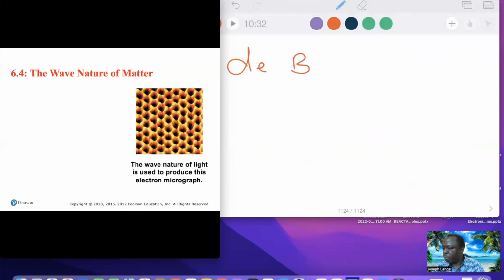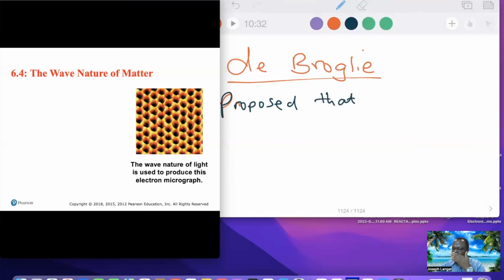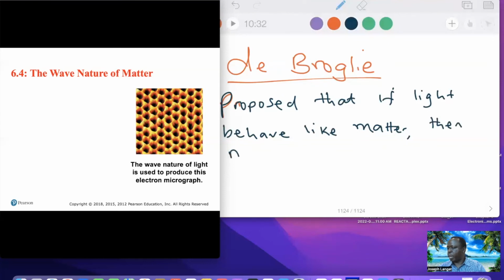We see somebody by the name de Broglie, who proposed that if light behaves like matter, then matter also behaves like light.